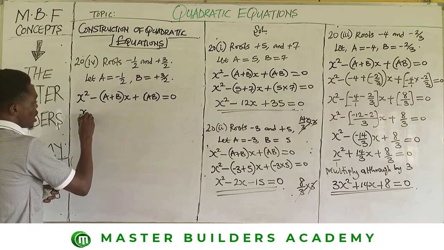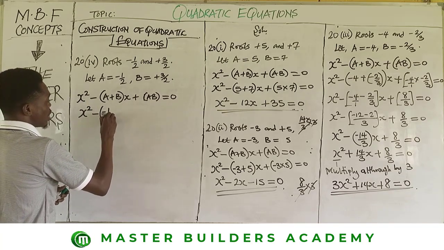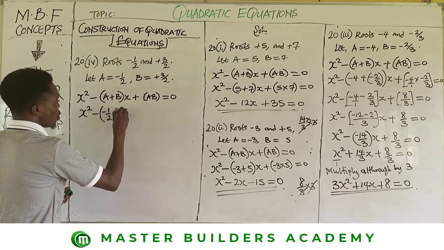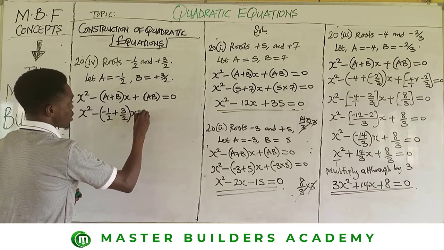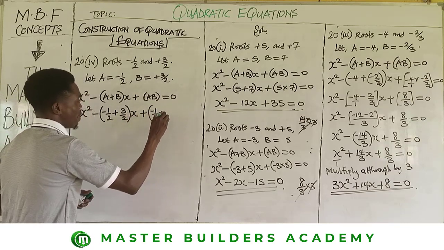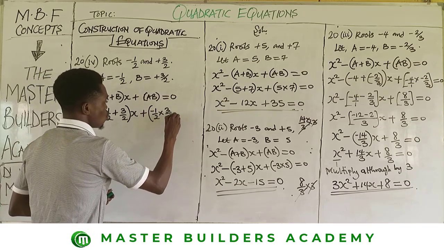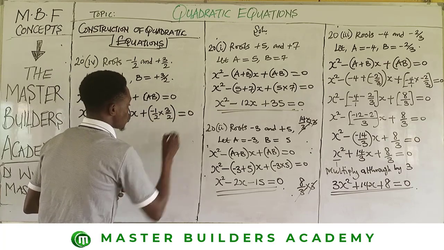And this will give us x squared minus open bracket minus 1 over 2 plus 3 over 2 multiplied by x, then plus minus 1 over 2 multiplied by the second root 3 over 2, all equated to 0.